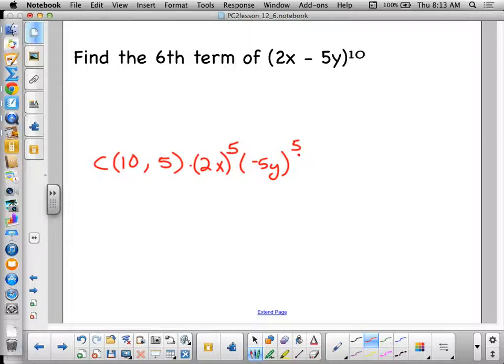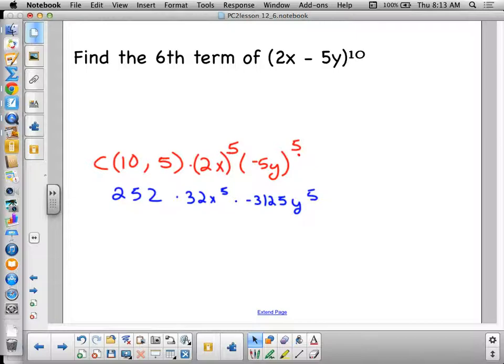So 10 choose 5 is 252 times 32x to the 5th times negative 3125 y to the 5th.